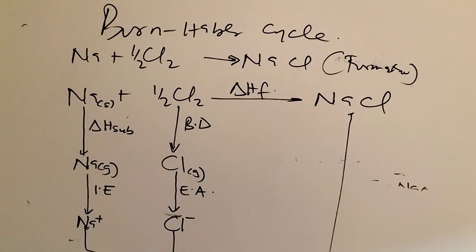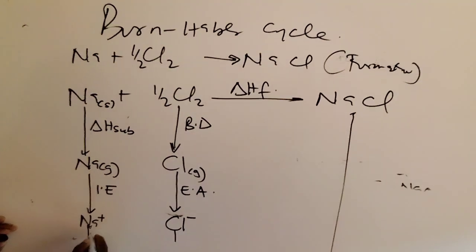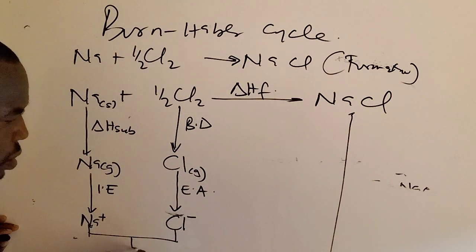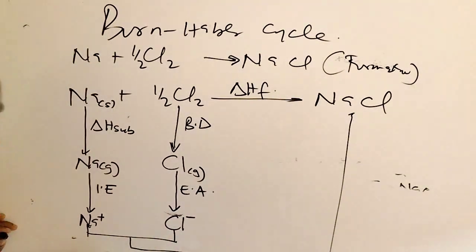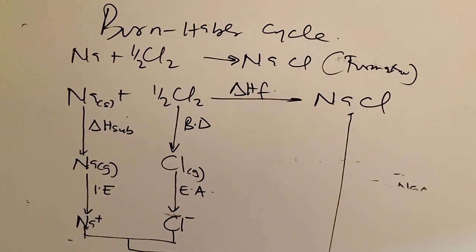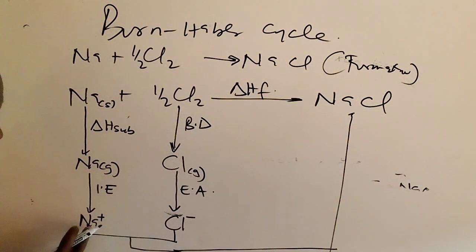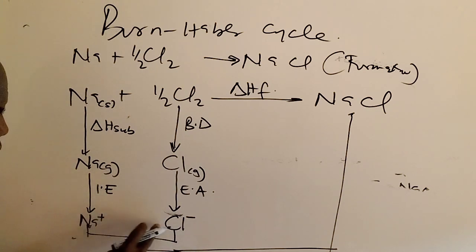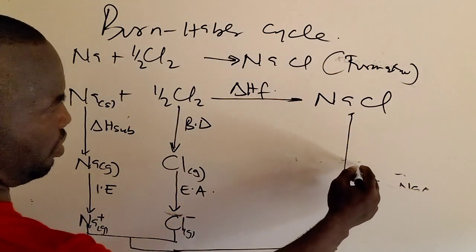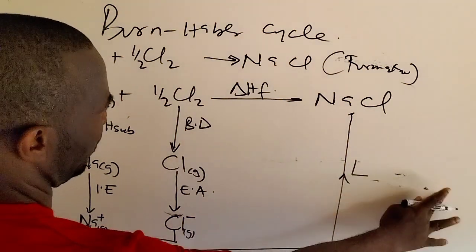The energy change, or the energy released, when 1 mole of an ionic compound, sodium chloride, is produced from gaseous ions is what we call the lattice energy, represented by the symbol L.